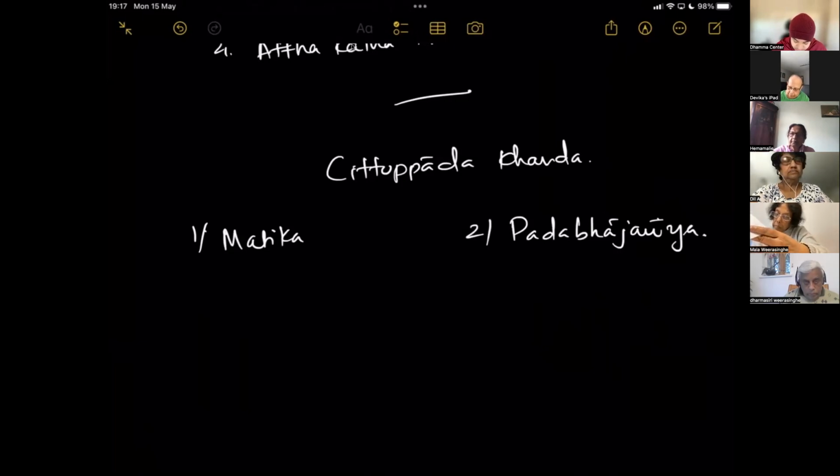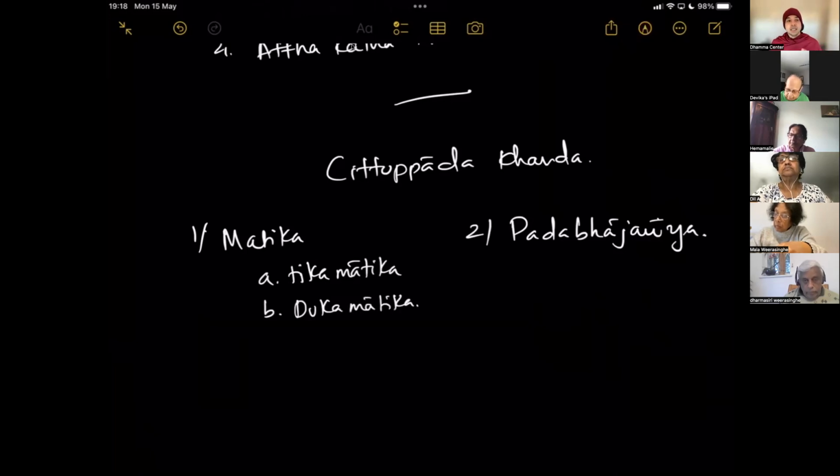Actually, the Matika is further divided into Thikamatika and Dukamatika. Thika is 3, Duka is 2. Thikamatika, Dukamatika.